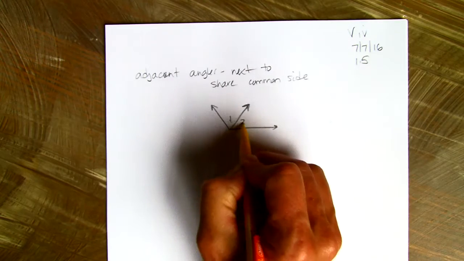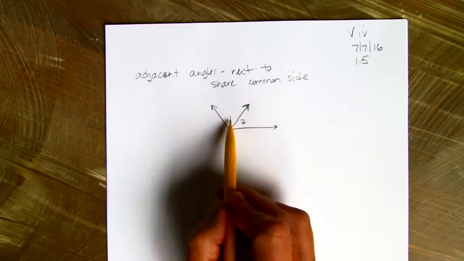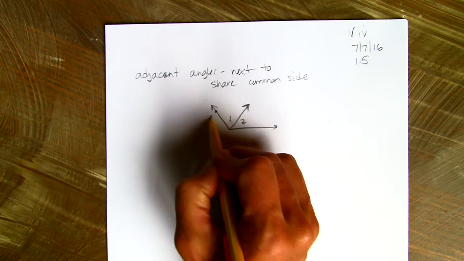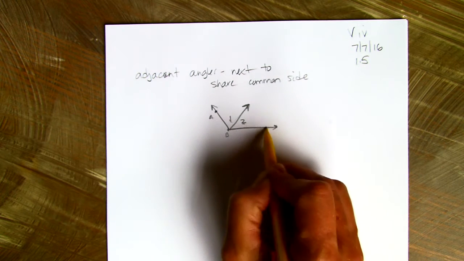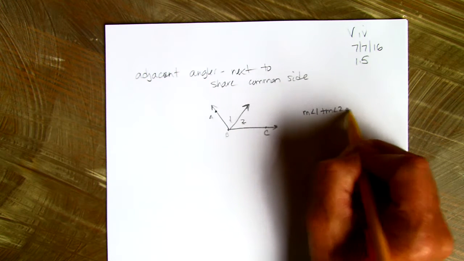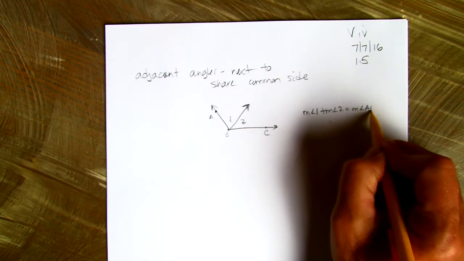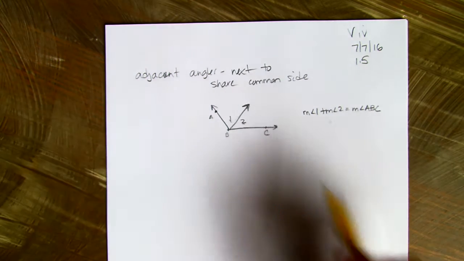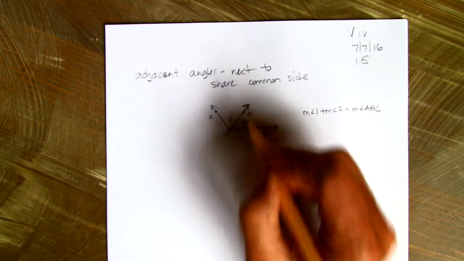You'll see eventually I get into the habit of just calling the angles number 1 and number 2, and then it's a lot easier to talk about them. Then I could say the measure of angle 1 plus the measure of angle 2 equals the measure of angle ABC. Sometimes it's just easier to refer to angles 1 and 2 instead of using all these letters.